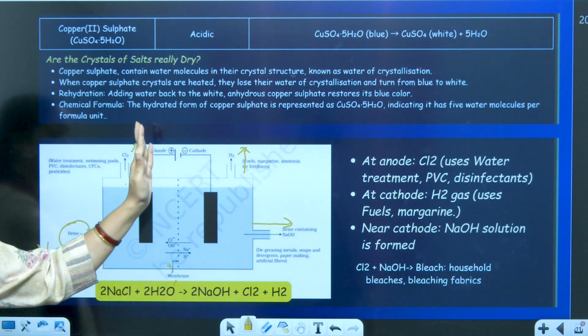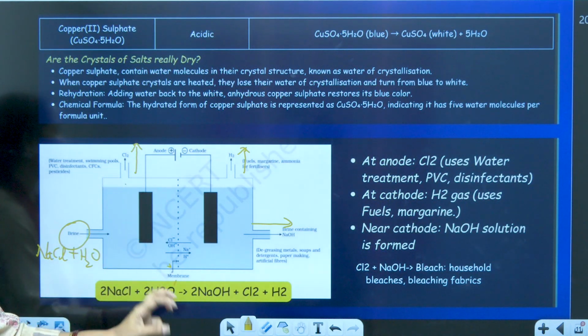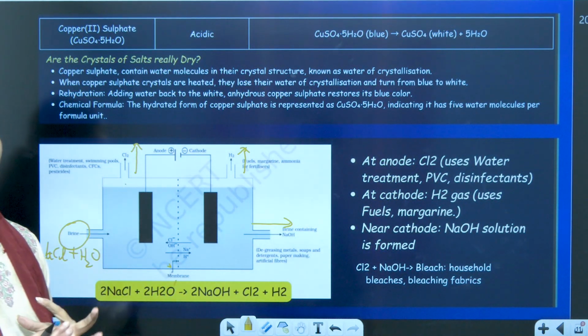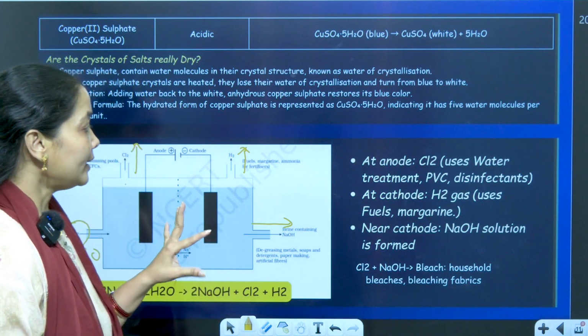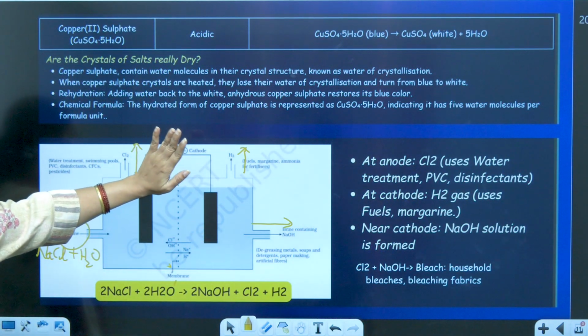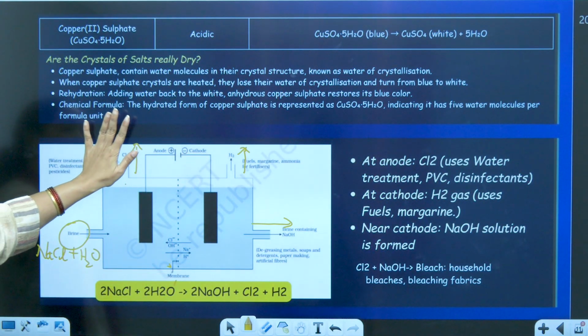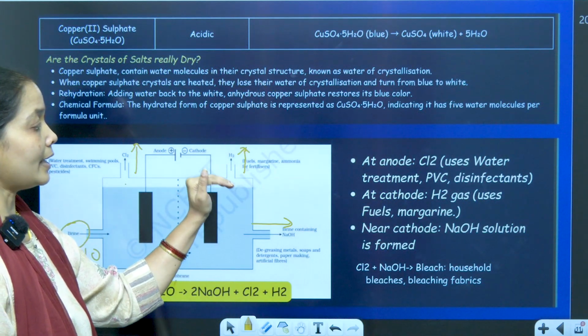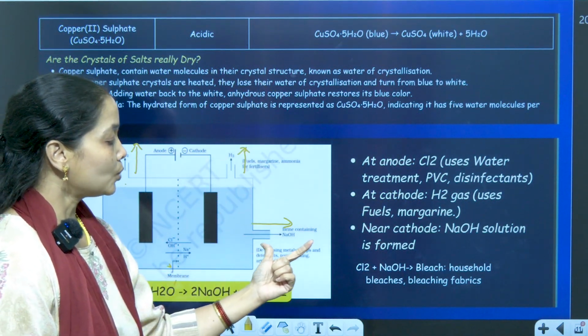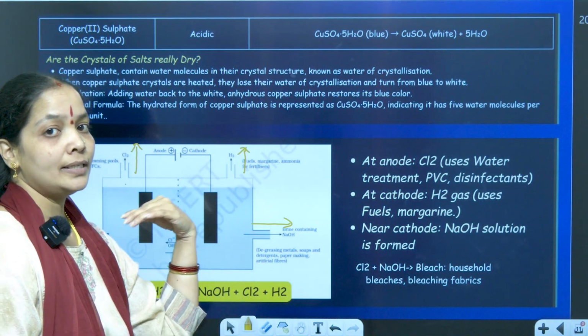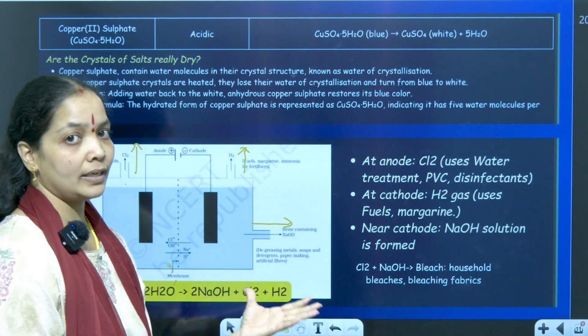This membrane is basically semi-permeable, allowing the ions to mobilize in and around. So when the circuit is closed and switched on, we are able to see that chlorine and hydrogen are collected in the upward outlets and sodium hydroxide is collected in the right side outlet valve.